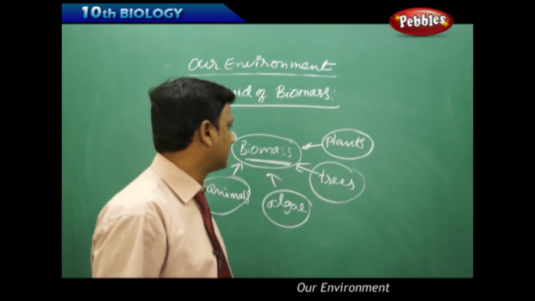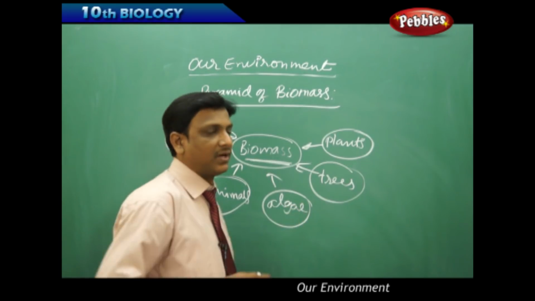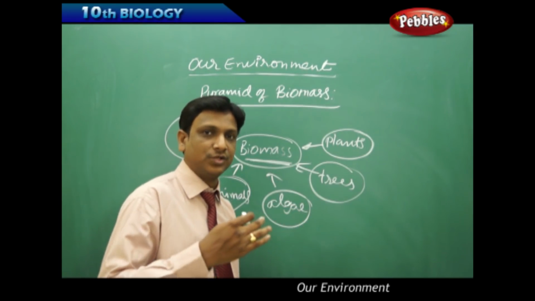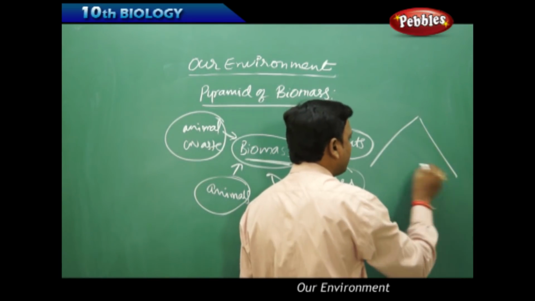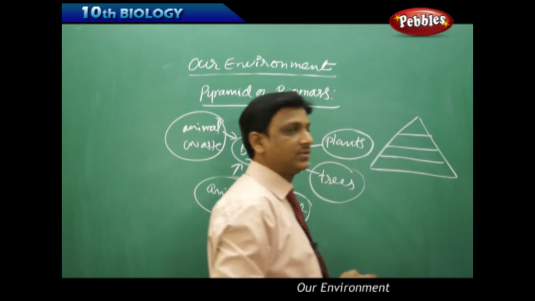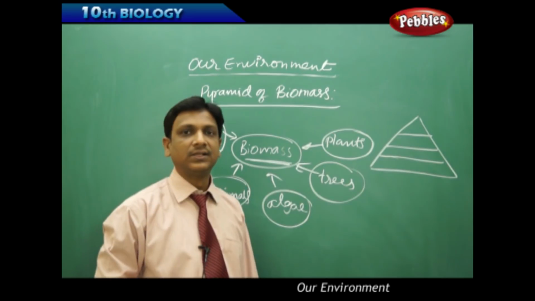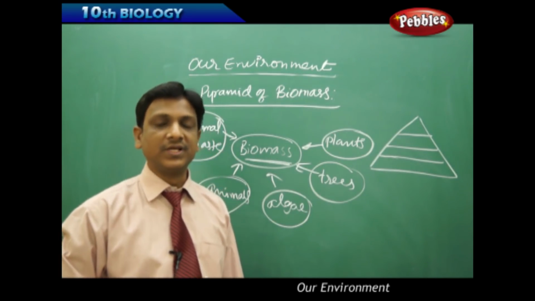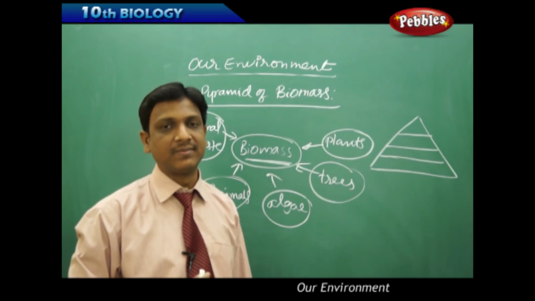Now let us see, depending upon the biomass, if we make a pyramid from producers to consumers, how will the pyramid be? Will you get an exact pyramid shape if you make the graphical representation with the amount of biomass found at each level? Take for example the producers. A large number of plants and trees are there compared to the primary consumers.